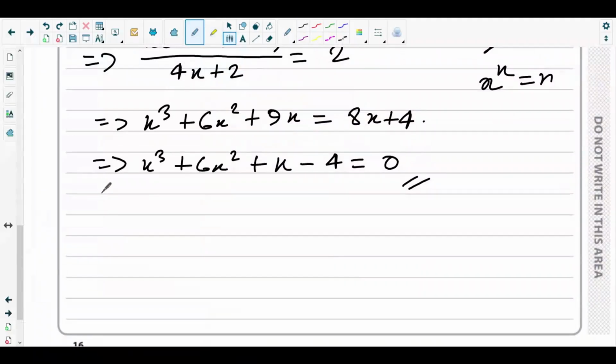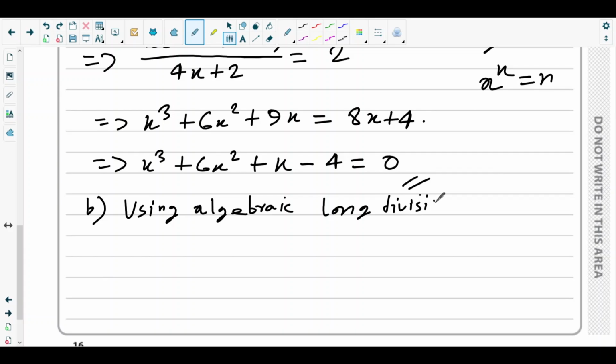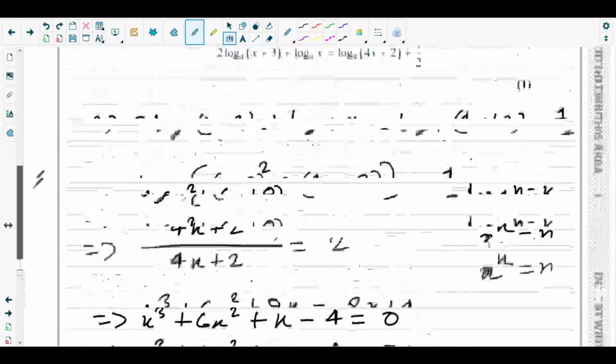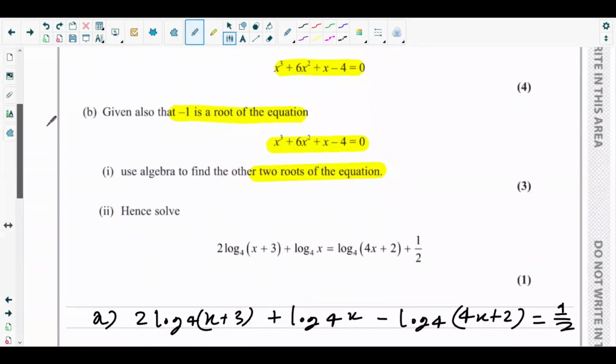So let's attempt to factorize this cubic equation using algebraic long division. Let's divide x cubed plus 6x squared plus x minus 4 by one of its factors, x plus 1.